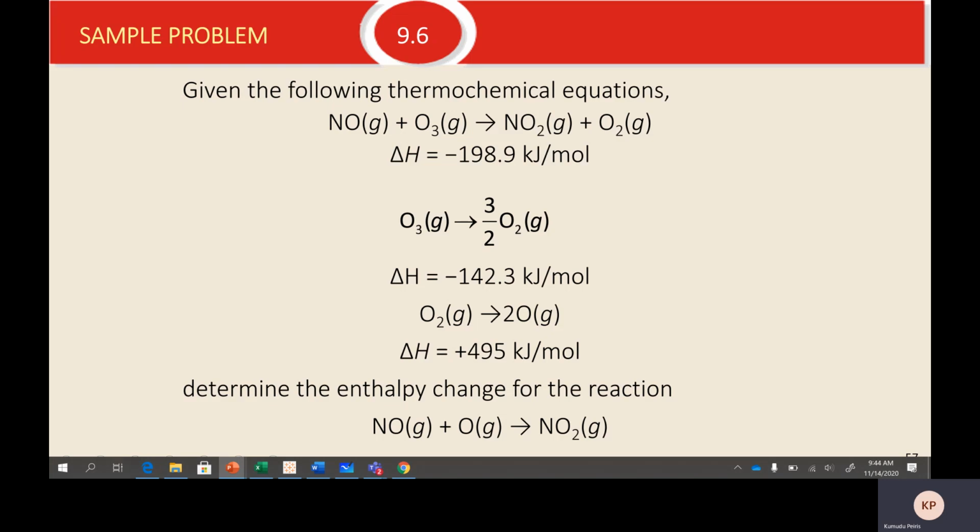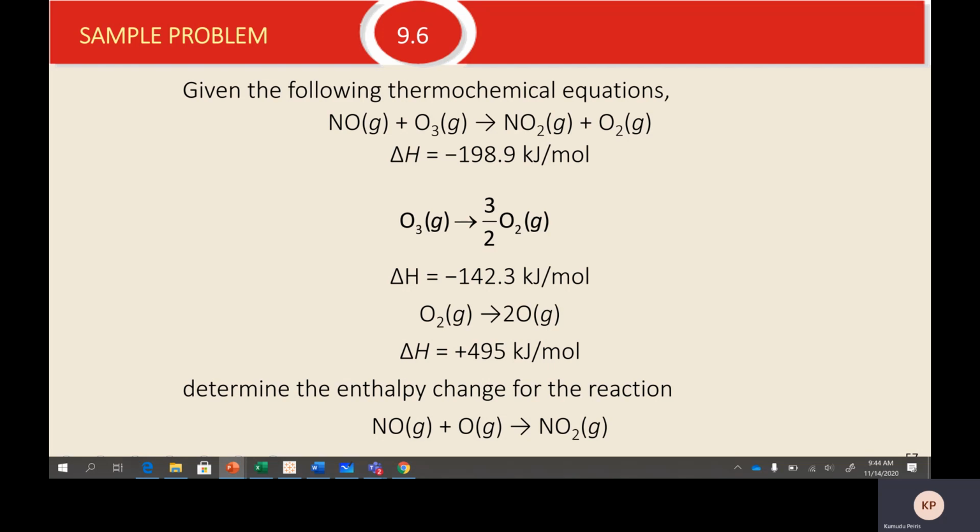Let's look at this example. Given the following thermochemical equations: nitric oxide NO gas plus O3 gas gives NO2 gas plus O2 gas, with an enthalpy of negative 198.9 kilojoules per mole.